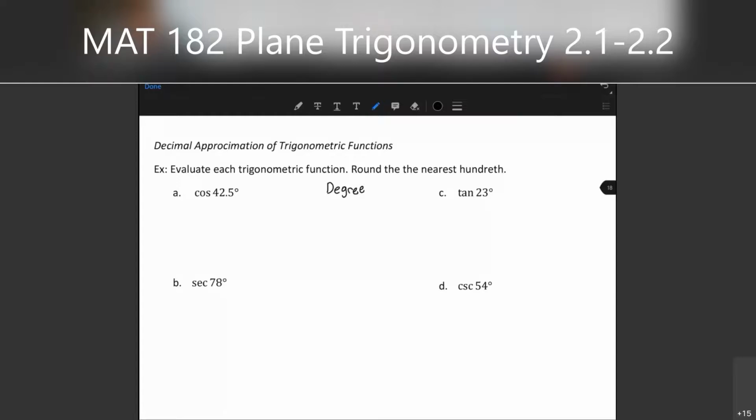Second 0 would be that for that one. So I think if you are in degrees, you should end up getting approximately 0.74 for this. If you're getting that, you are in the right mode.